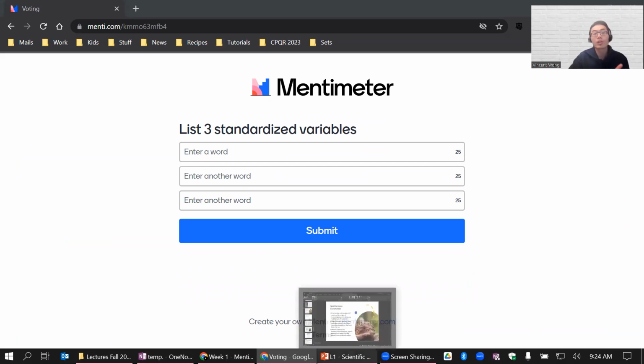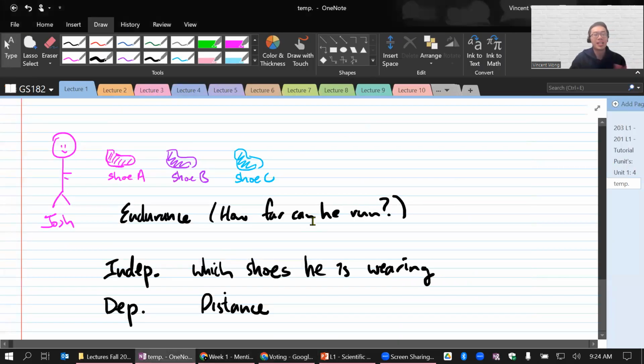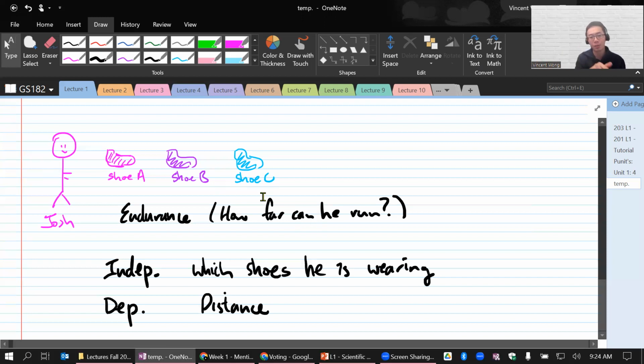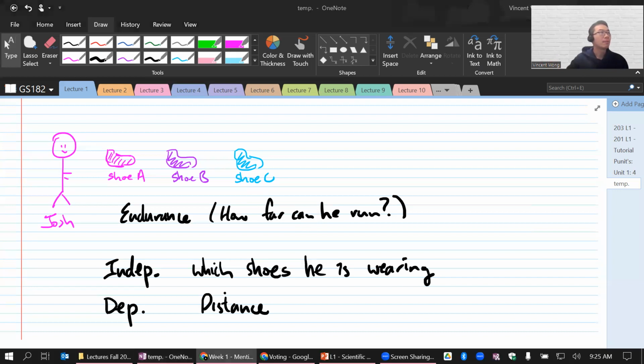Okay. So what was the question again you asked? The question is, Josh is trying to see if wearing different shoes is going to affect his endurance, how far he can run. What things should he standardize in his experiment so that if he does run further or not as far wearing different shoes, he knows it was because of the shoes, not because of anything else? Okay.